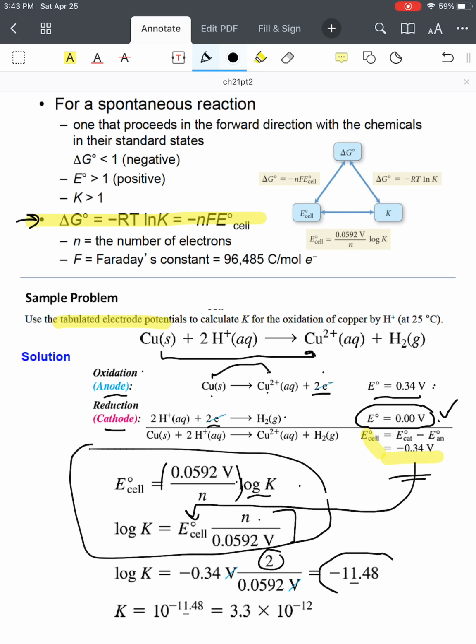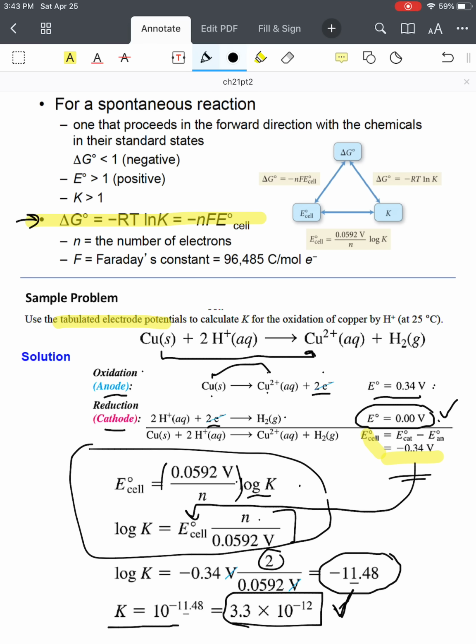So I do the math, and I find that log of K is negative 11.48. I take the anti-log and find that K, my equilibrium constant, is 3.3 times 10 to the minus 12th. Indeed, that number is very, very small.